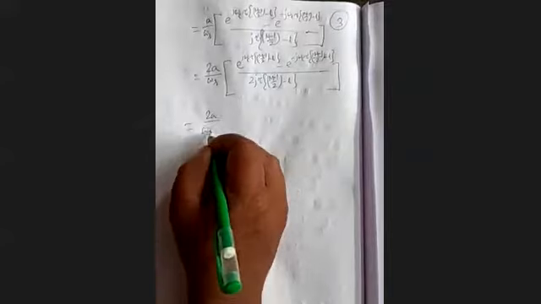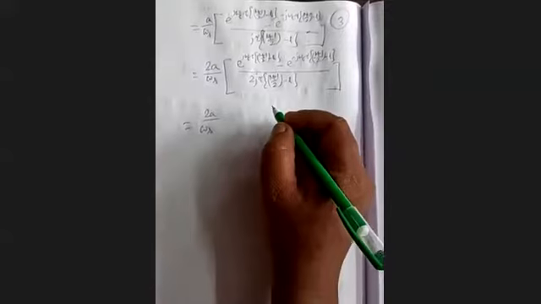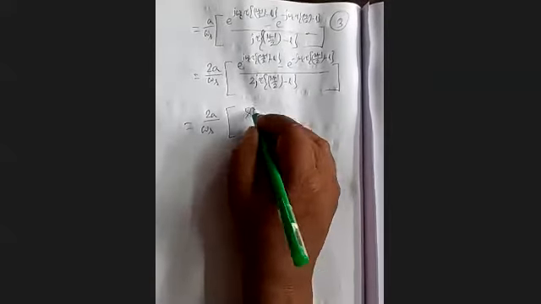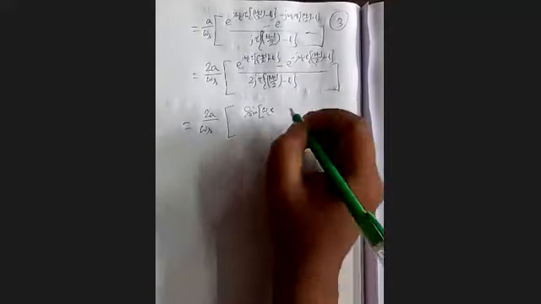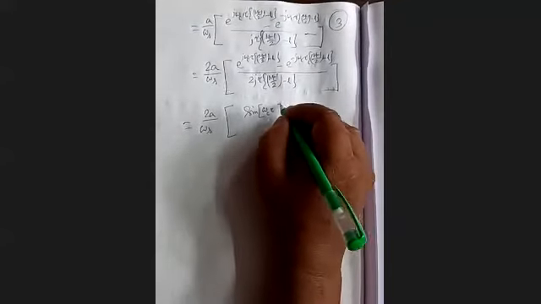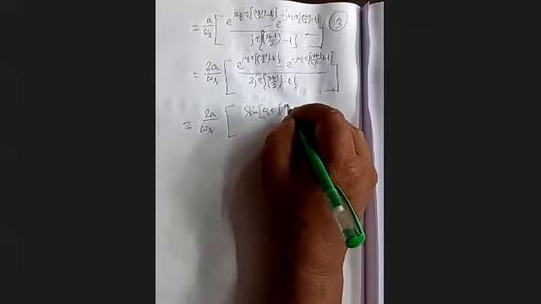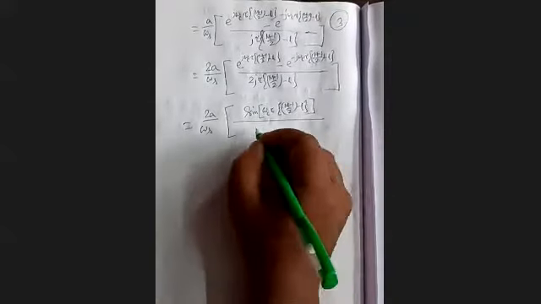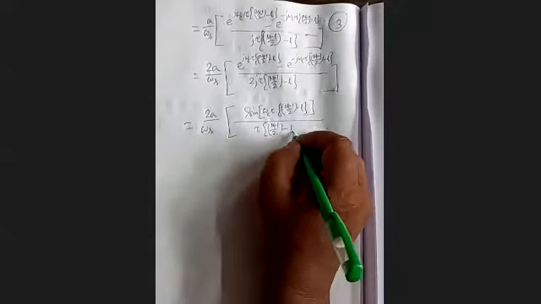So 2A by omega s, sine of omega c tau times m minus 1 by 2 minus L, divided by tau m minus 1 by 2 minus L.